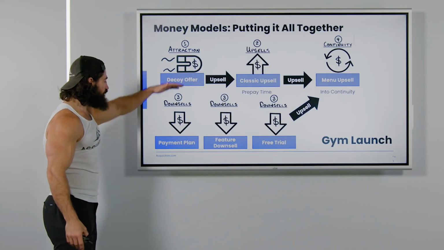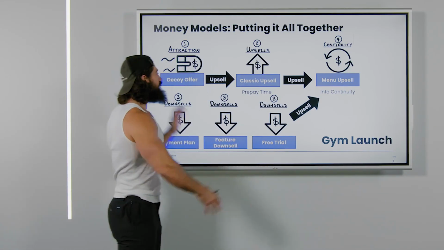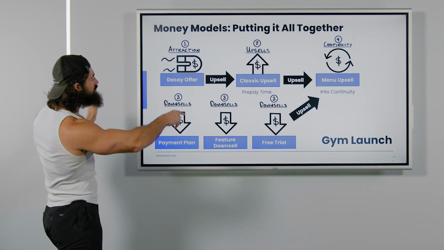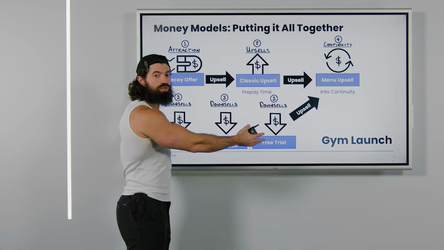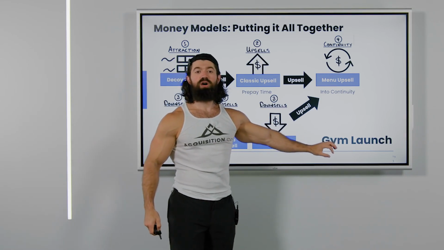I just want the ads. You don't have to run them. But I do want you to train my sales team. So we would basically menu upsell the features that we thought would be best for them. Now, if people didn't take the offer, we had payment plan, feature downsell, free trial. So this is 1, 2, 3, 4, 5, 6. Six of the structures that I went over for this presentation is what created the Gym Launch money model.